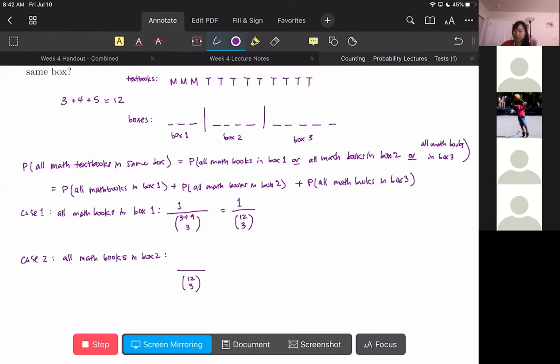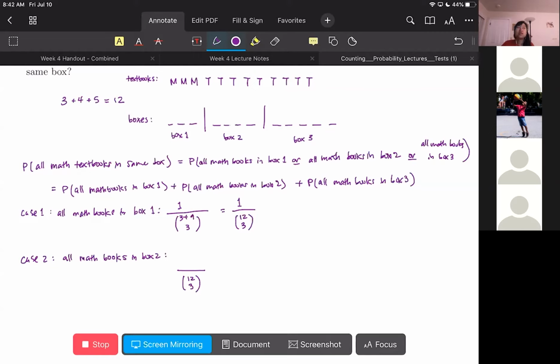Why do you say 12 choose 4? Because like you did in the previous thing, there will be 3 math textbooks and 9 other textbooks. So when you add them together, you get 12 books, and then choose 4 because 4 of those textbooks will be chosen to be in the box.